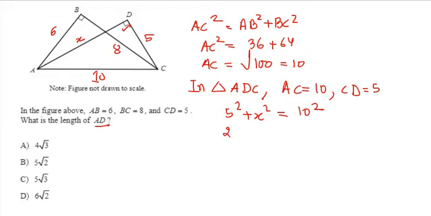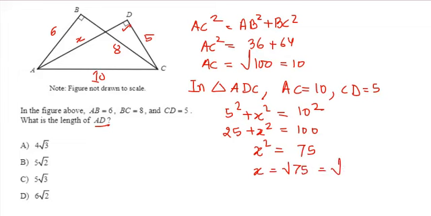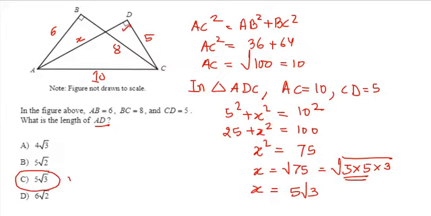So 25 plus x squared is equal to 100. Subtracting 25 from both sides, x squared is equal to 100 minus 25, which gives us 75. So x is equal to the root of 75, which is the root of 5 times 5 times 3. So we can finally write x equals 5 root 3, and our answer again here is option C, that is 5 root 3.